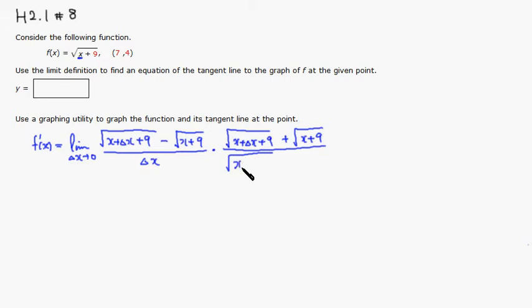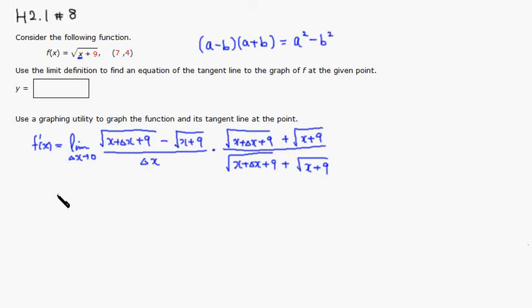We're using this trick: whenever you multiply (a minus b) times (a plus b), it always gives you a squared minus b squared.